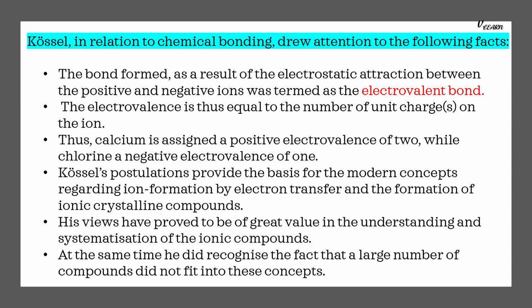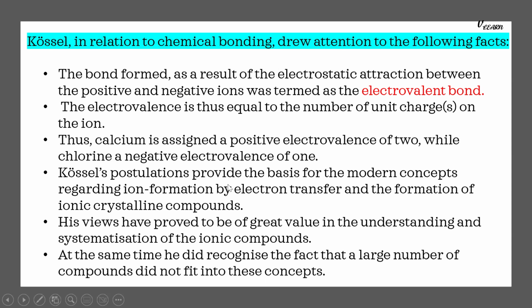If fluorine, meaning F-, minus means it needs 1 electron. Minus 2 means it needs 2 electrons. Minus 3 means it needs 3 electrons. For example, Al3+: aluminum has an excess of 3 electrons, and it can donate them to other atoms. Thus calcium is assigned a positive electrovalence of 2, while chlorine has a negative electrovalence of 1.